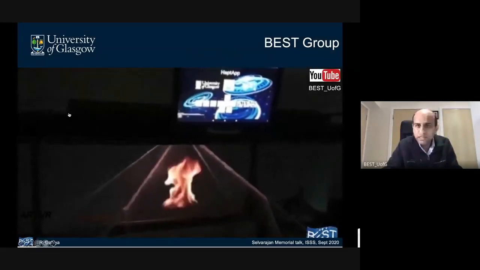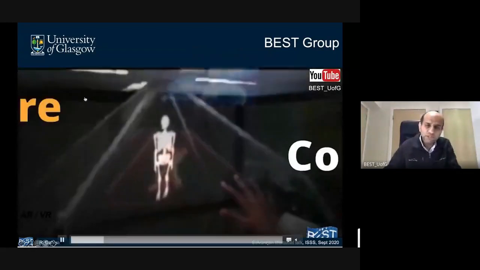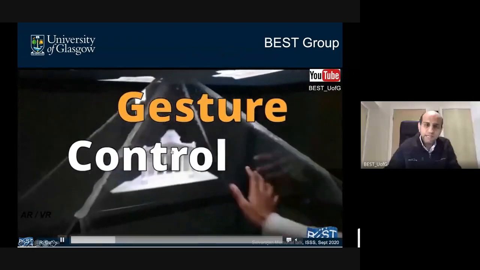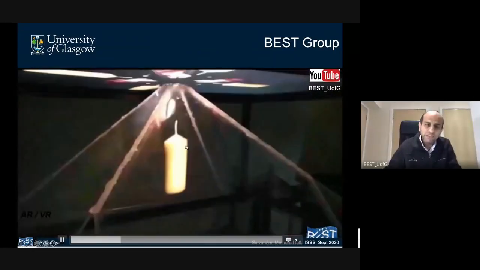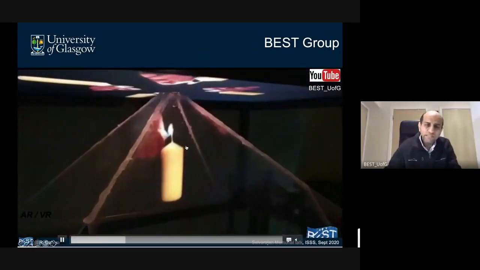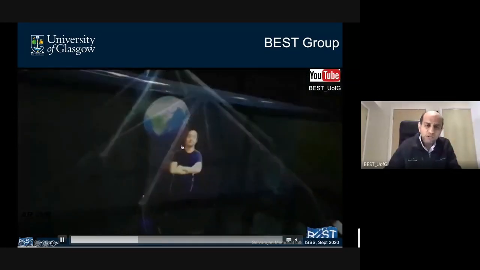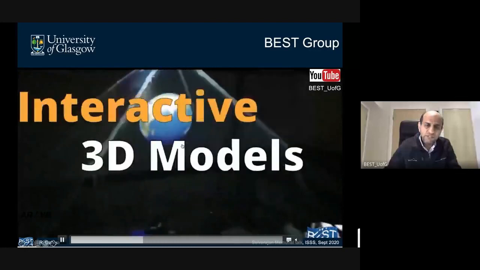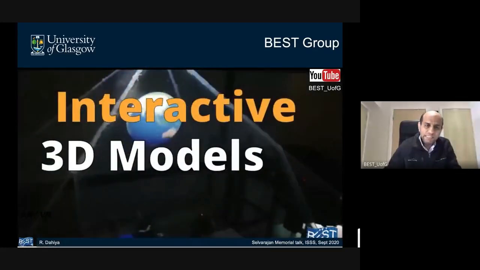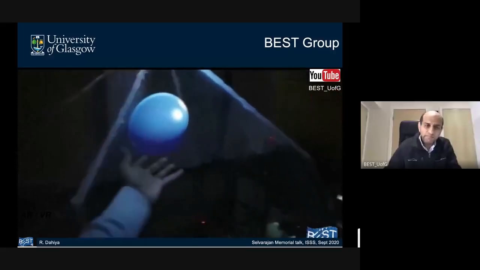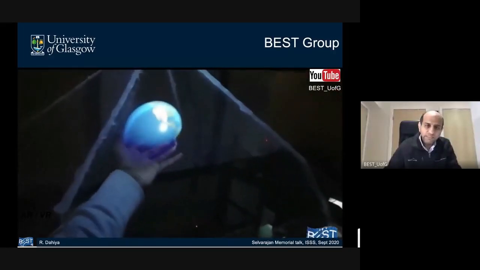What you see here is an interactive hologram. There are 3D mid-air displays of 3D objects, and you can control these objects either through gestures, as you can see here, or you can also feel these virtual objects. Here is an interactive 3D model where you can see a mid-air globe, and you can lift it.